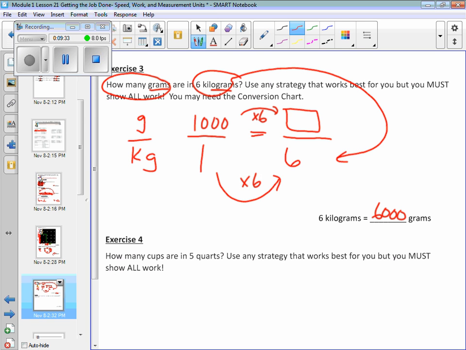Because you'll run into some problems if you go into equivalency ratio tables. You'll find you have to make 100 rows to do it. And in that instance, TRF might be the better strategy. Try to make the best fit that you can. Okay? Now, you guys are going to do exercises 4, 5, and 6. Show it to me. And then if all is good, you can start your homework.